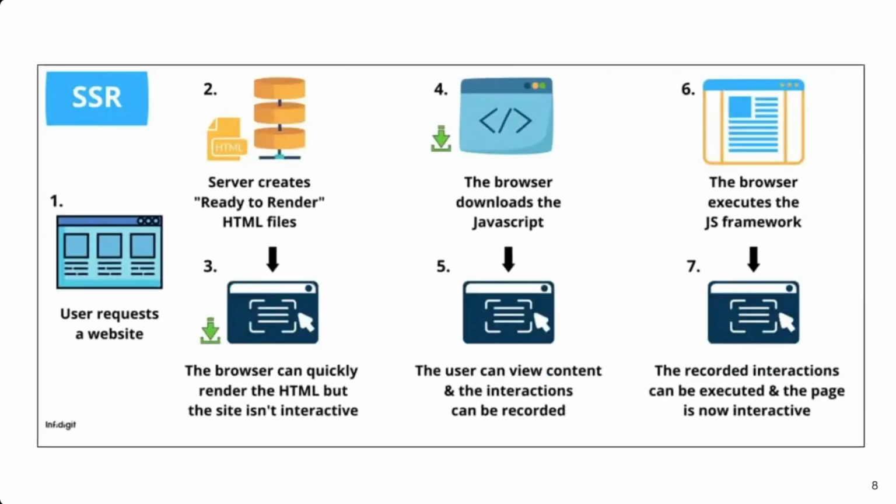This diagram gets at SSR, although it's not terribly successful. In SSR, the server is rendering all the pages on the server side. They're ready to render, if you like. When they come down, then they're displayed very quickly because we don't have any big JavaScript to do subsequently.